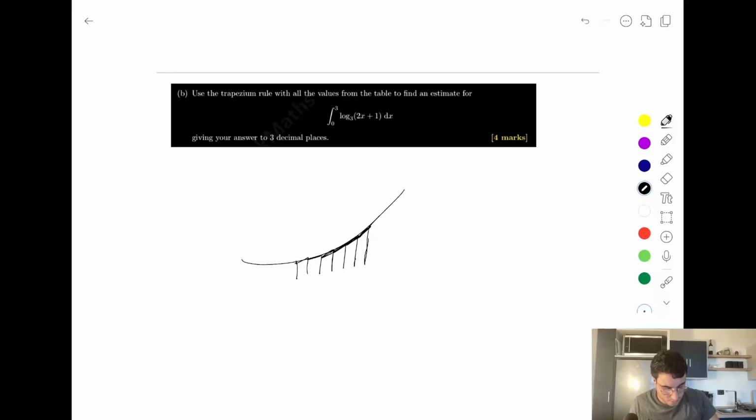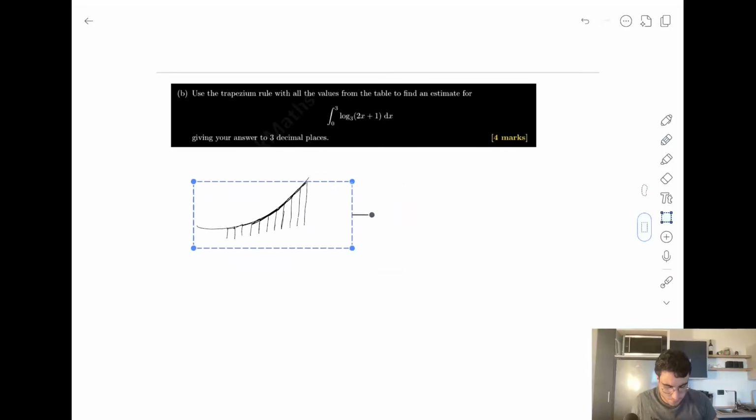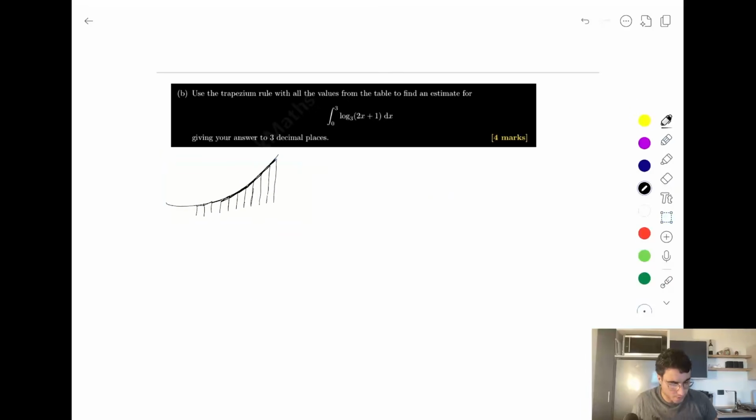You can approximate mini trapeziums along the curve, okay? And the sum of those trapeziums is going to give you the integral. It has to. But obviously these are usually estimates because it's an approximation.